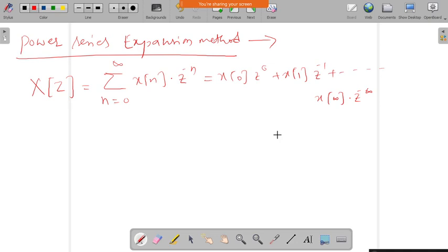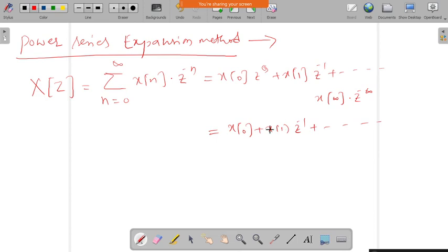Like this we can go on expanding it. And also we can see here these values, x of 0 plus x of 1 into Z power minus 1 plus go on, we can express in terms of the inverse Z transform, that is the coefficients.